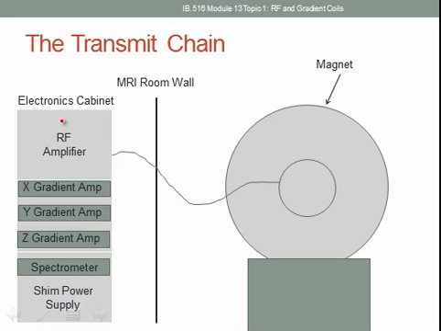In this cabinet we may have, and this isn't a universal configuration, an RF amplifier on the top, the X, Y, and Z gradient amplifiers here, a spectrometer computer in this position, and the shim power supply. The shim power supply supplies power to the shim coils, which are inside the bore. But for this discussion, I just want to focus on what's happening in the transmit chain.